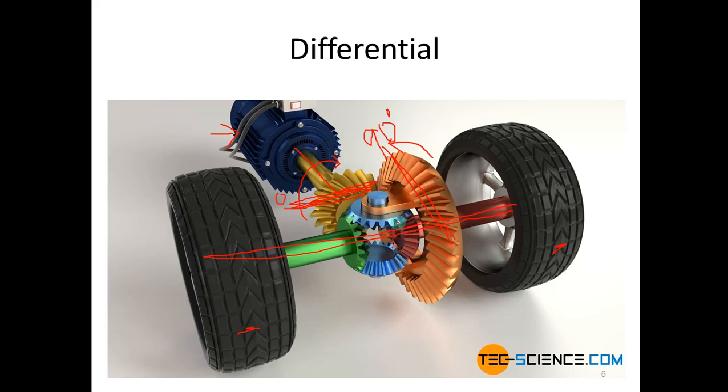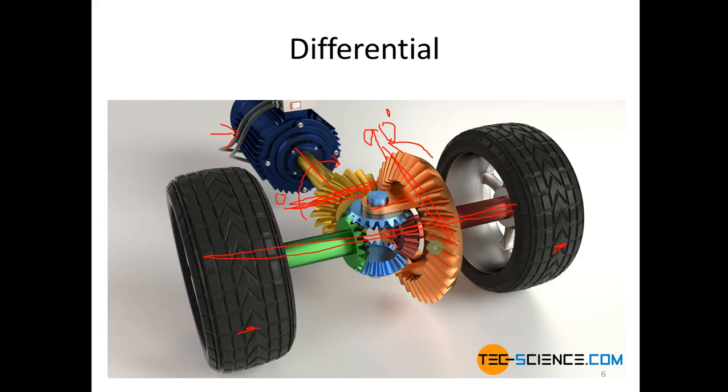But you can see here there is a joint. This blue gear is connected to both wheel gears, and also to this brown gear.